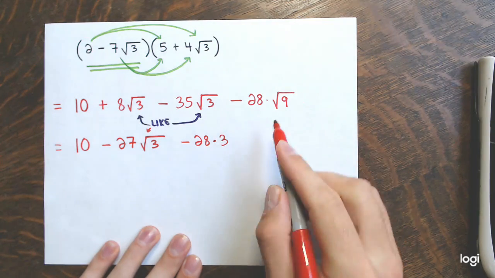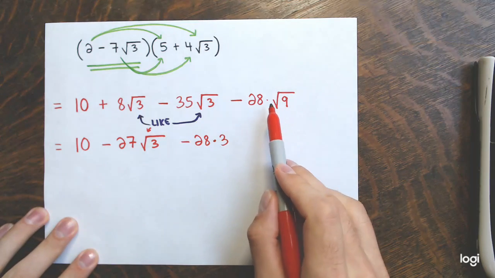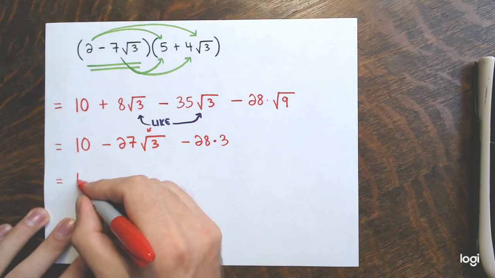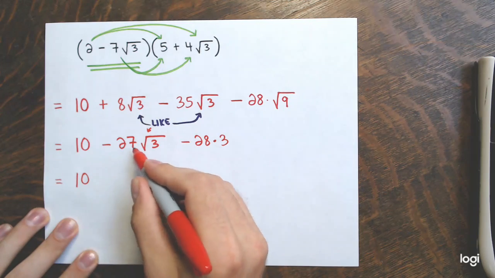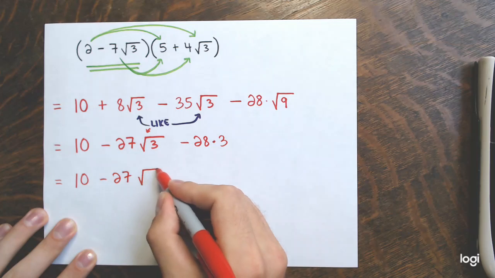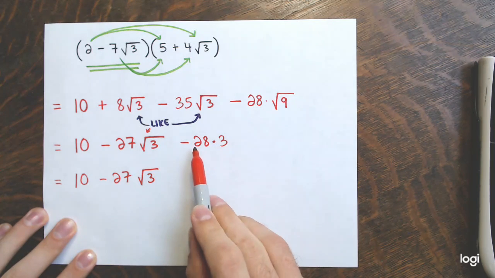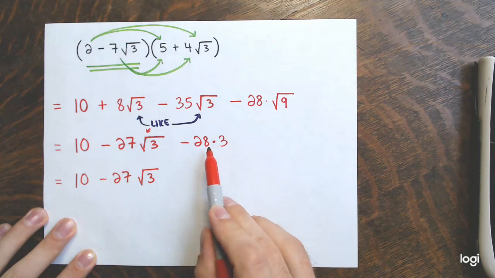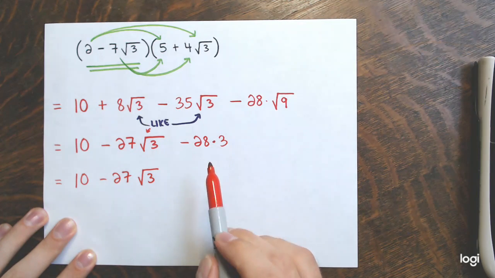So the last term has factors of negative 28 and then times 3. So I can multiply those, right? So we still have 10 here in the front. Then these two made the negative 27 times the square root of 3. And then negative 28 times 3, right? That'd be negative, let's see, 3 times 20 is 60, 3 times 8 is 24. Add those up, that's negative 84.